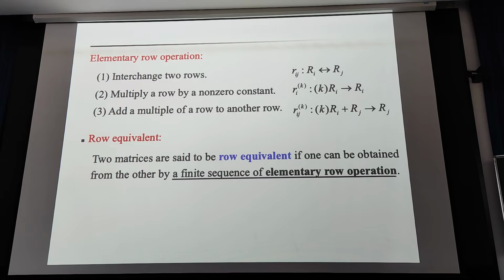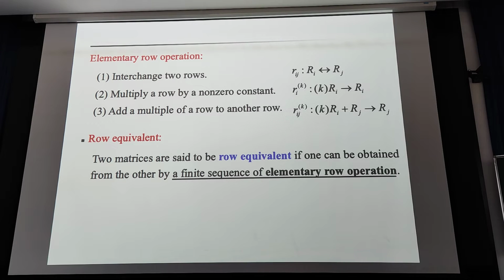That is, we interchange the i-th row and the j-th row. The second operation, we multiply every entry of a row by a non-zero constant. We multiply every entry of the i-th row by the number k. We get a new i-th row. And the last one, we add multiple times of a row to another row.